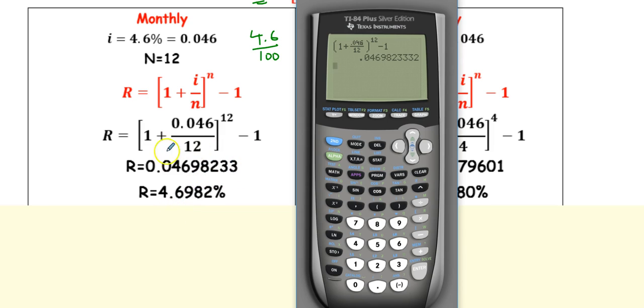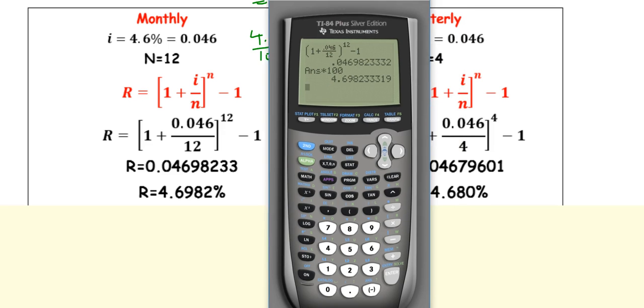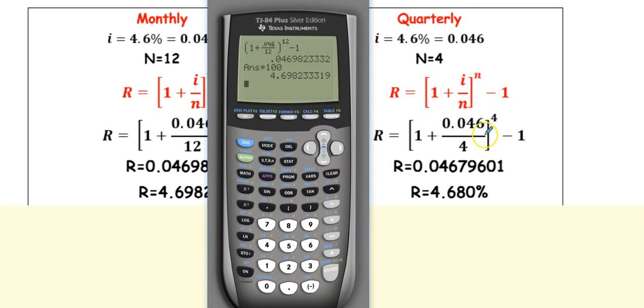Here it is in decimal form. To get the percentage from decimal form, you just multiply by 100. So that's 4.6982%. The same thing you can get in the next part just by replacing the 12 with the 4.